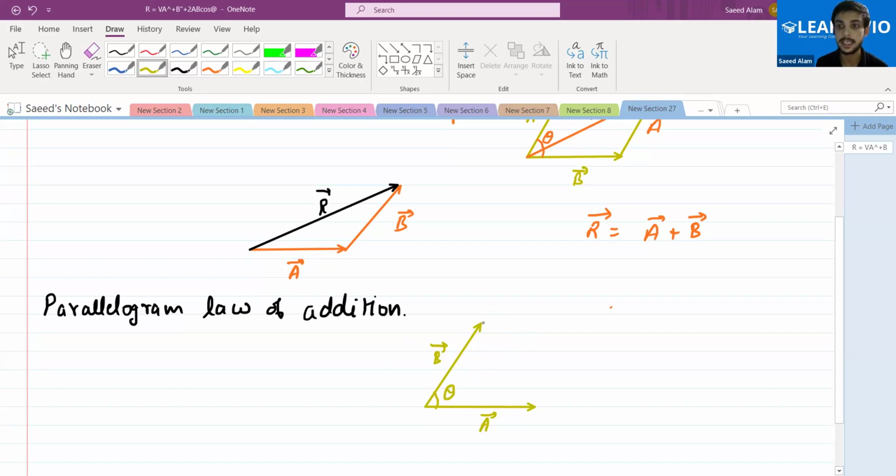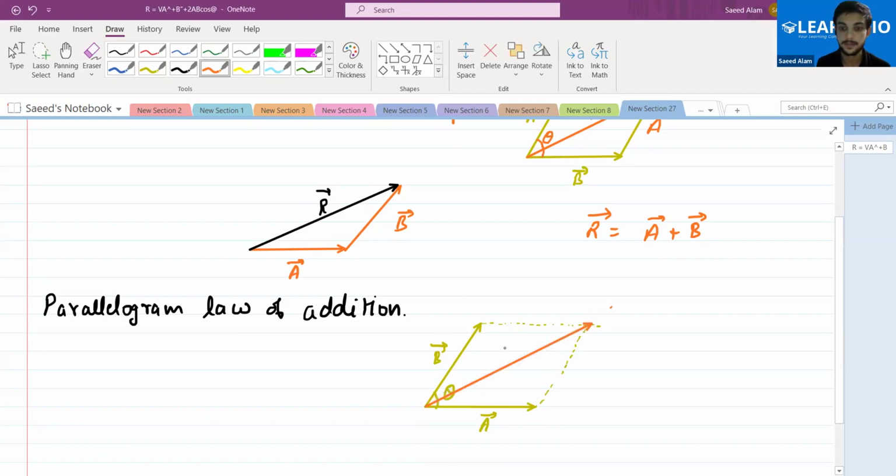So to find out the resultant, the parallelogram law says that you have got two sides of a parallelogram, so just complete the full parallelogram. I'll make a parallelogram using these two lines, and that parallelogram will look somewhat like this. Yes or no? Will it look like this or not? Yes. And the final resultant will be the diagonal of this parallelogram.